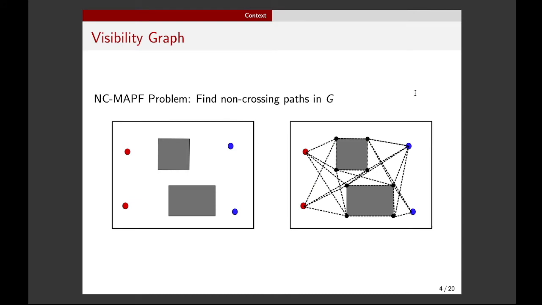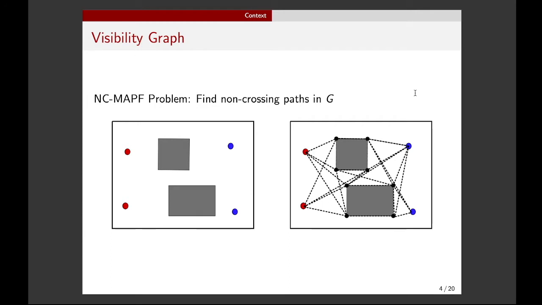We consider this new MAPF problem in a continuous workspace, and we suppose that the obstacles are all polygonal. Then the visibility graph is a natural thing to think of, and it can be constructed in polynomial time.